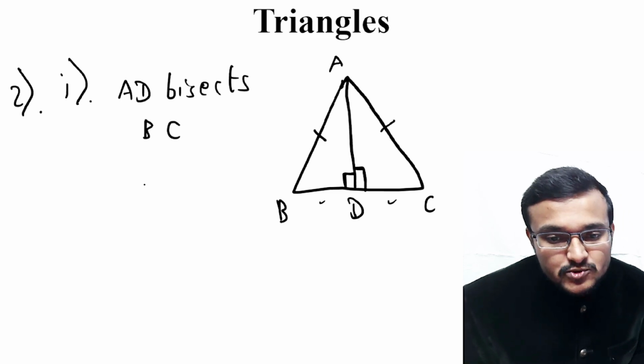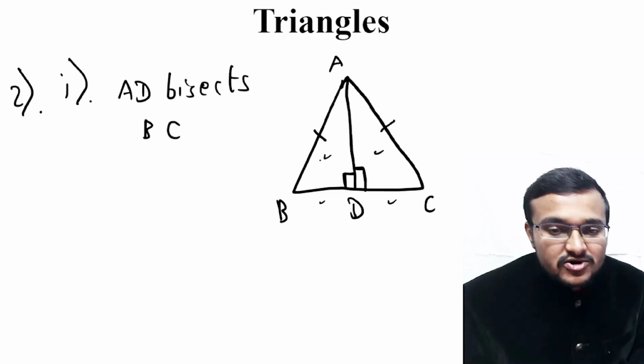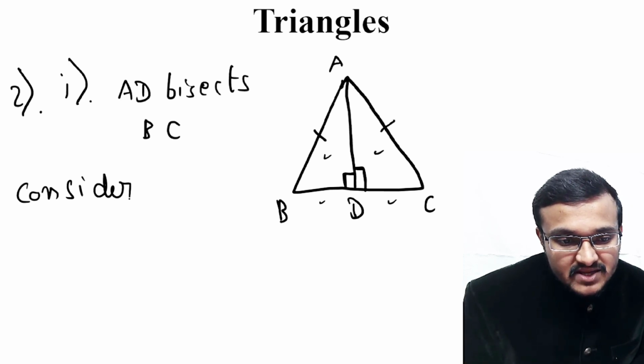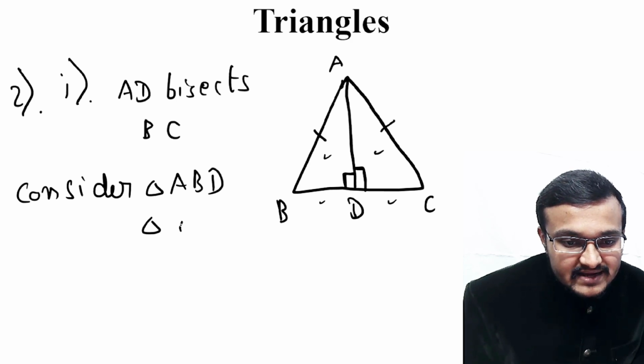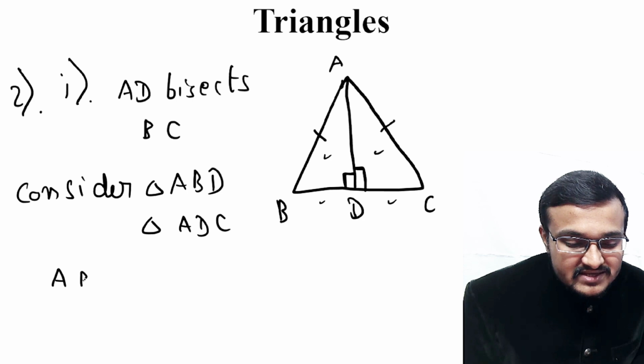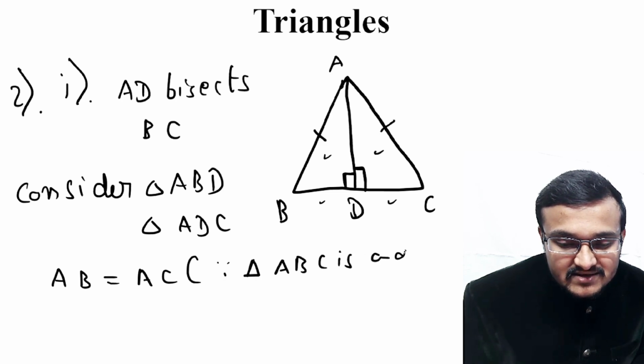So to prove BD is equal to DC, we have to consider these two triangles and prove they are congruent with each other. Consider triangle ABD and triangle ADC. Here AB is equal to AC because triangle ABC is an isosceles triangle.